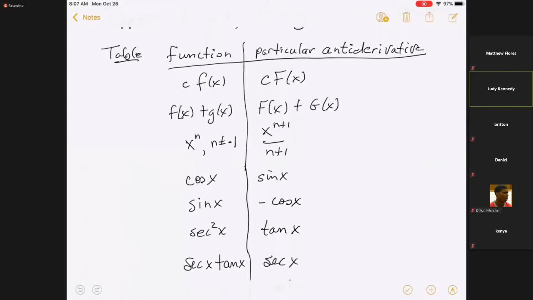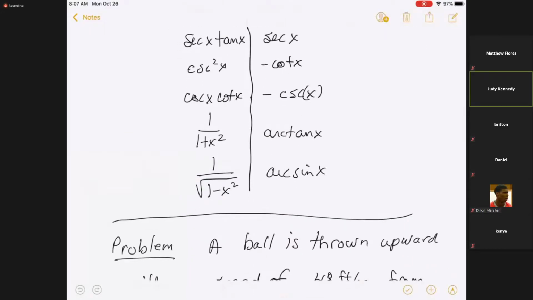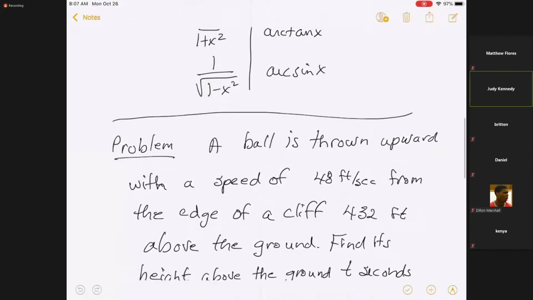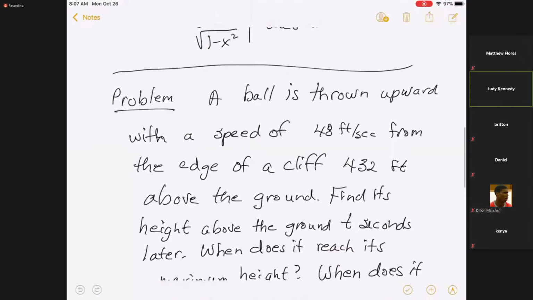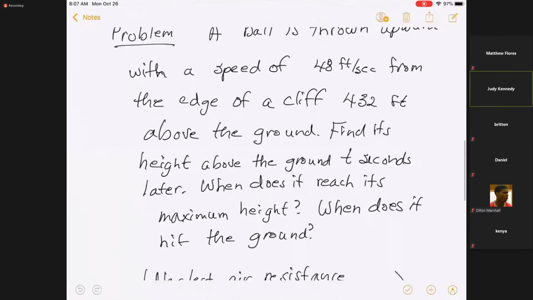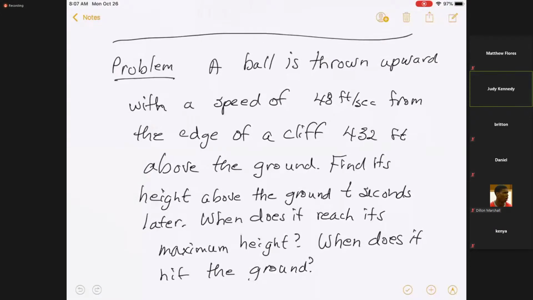Okay, then let's work. This is a ball problem, ball thrown upward. Okay. And this time I'm not going to have to give you the model. Okay. So a ball is thrown upward with a speed of 48 feet per second from the edge of a cliff that's 432 feet above the ground.